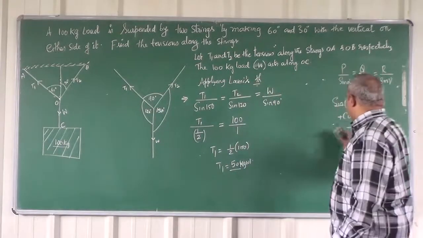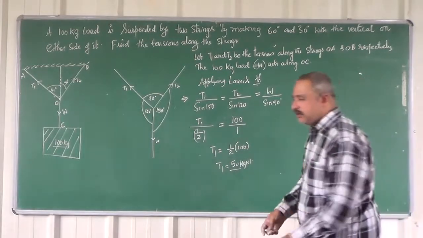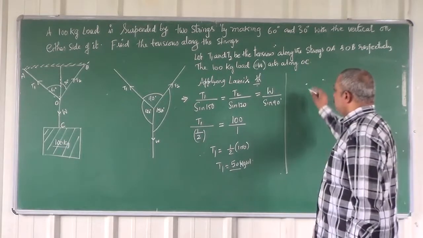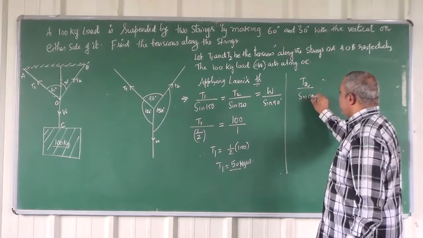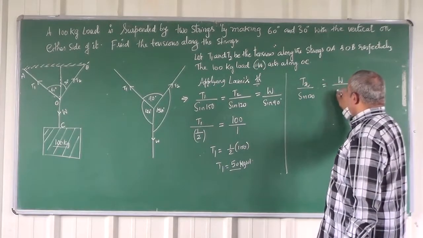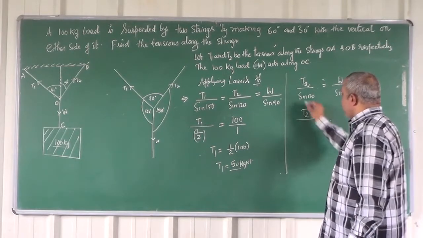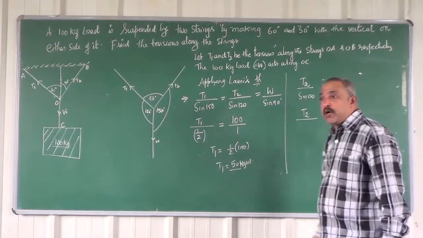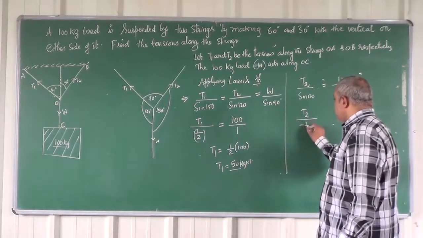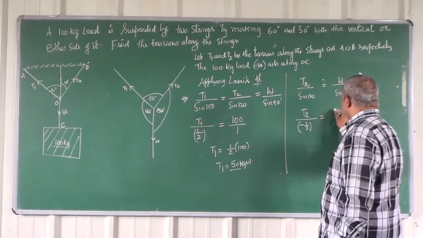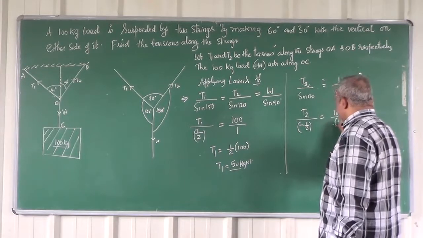Now similarly, let's find the tension in the second string. Consider T2 by sin 120 equals W by sin 90. T2 over sin 120. You know the value of sin 120. Sin 90 is 1.